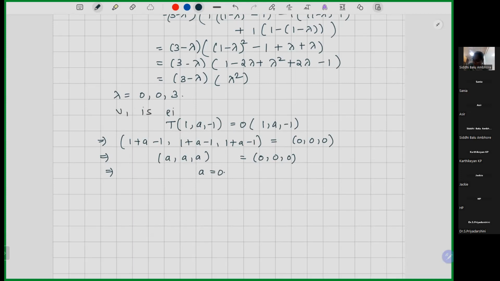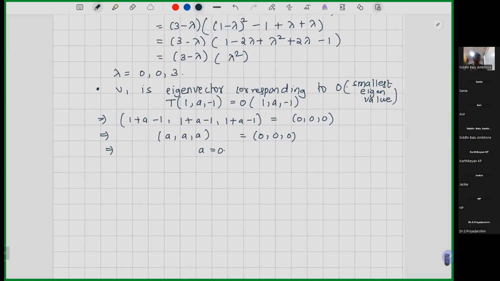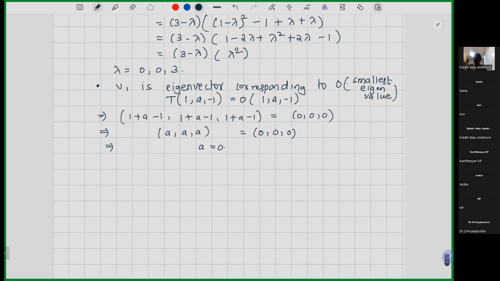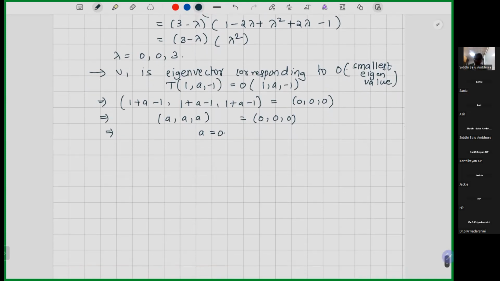So TV1 is the eigenvector corresponding to 0, that is the smallest eigenvalue. Is it okay? Similarly, I need to find b, so a is 0.